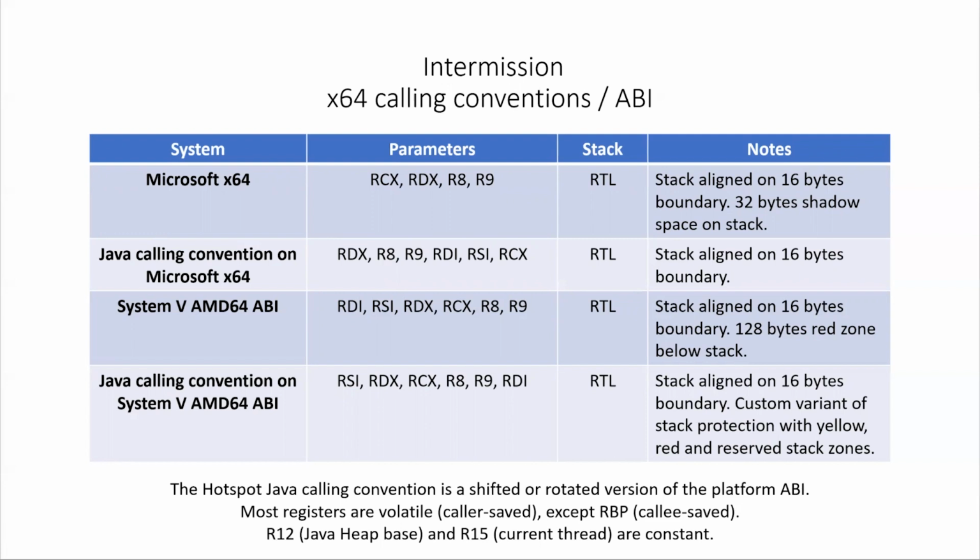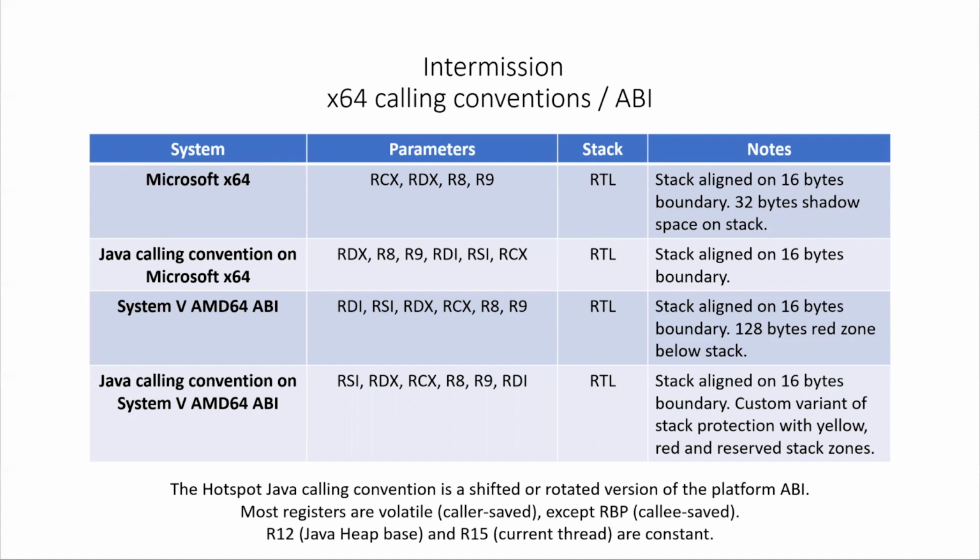below the stack. The HotSpot Java calling convention defines 6 registers for passing arguments, also on the Windows platform. The rest is passed on the stack from right to left. There's a customized version of stack protection, one that really only applies to System V platforms. And for all of these, the stack needs to be aligned on 16 byte boundaries.